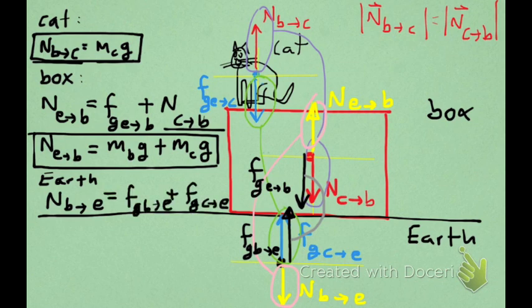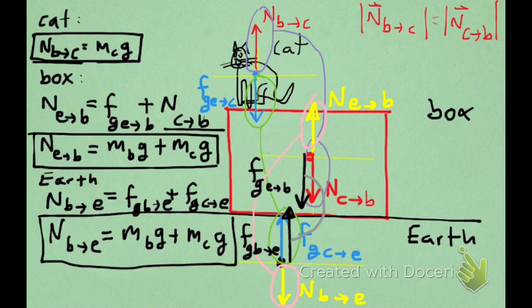This force should be equal to the sum of the upward going forces, so it should be equal to the gravitational force that the box puts on the Earth plus the gravitational force that the cat puts on the Earth. From Newton's third law, these forces must be equal to the mass of the box times g and the mass of the cat times g.